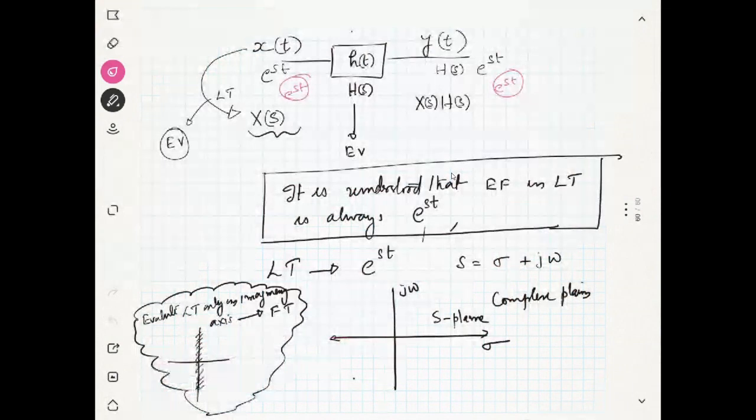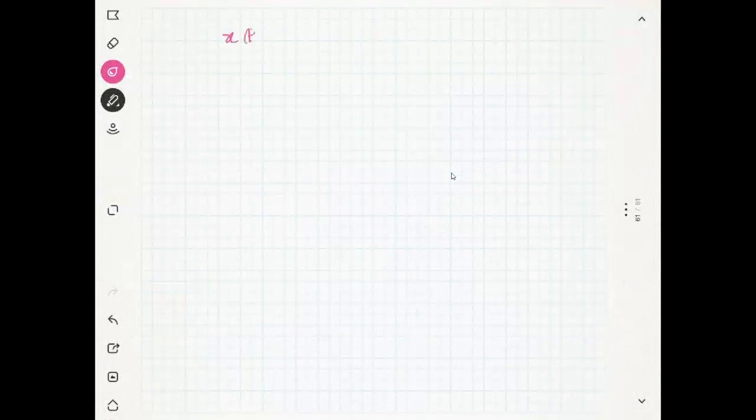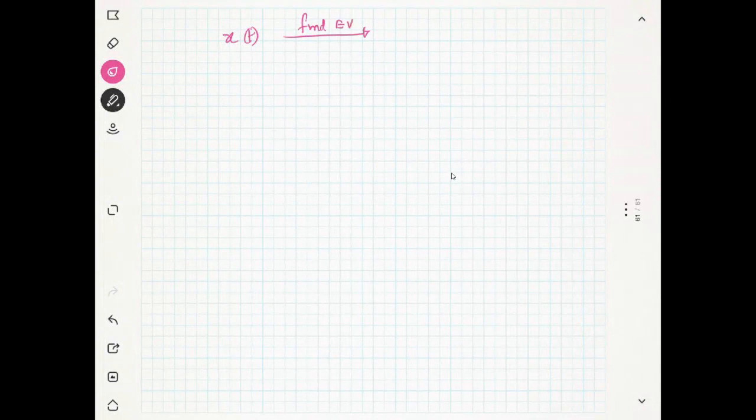So I'm going to conclude for today with the last slide. That means if I have any signal, I can find the eigenvalue of it with respect to my e power st. E power st is my basis.